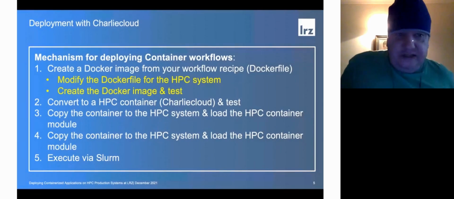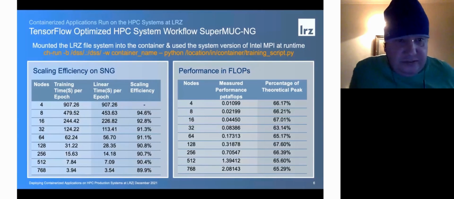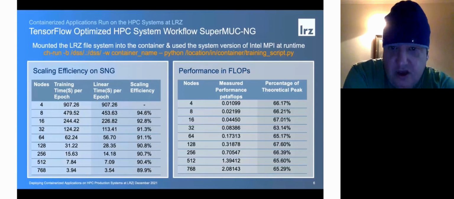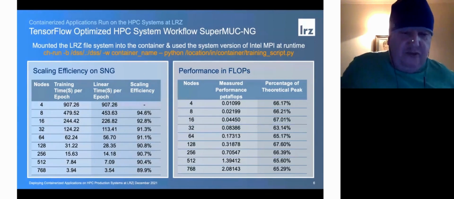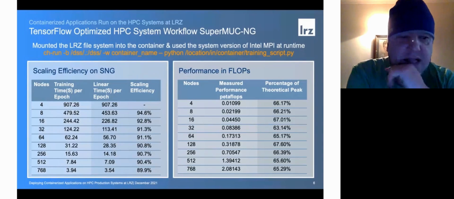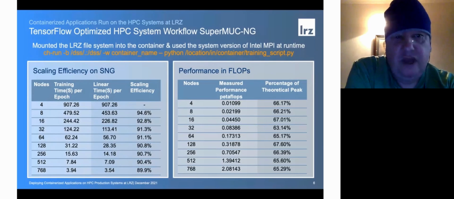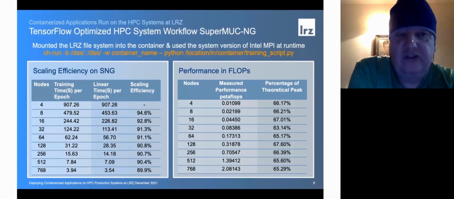So this is an example of what we wanted to look at as AI systems, and this was a paper we published in, I think, the early part of 2020. One of the things you can see is that we have this ch-run, which is the command in Charliecloud to actually run your container.